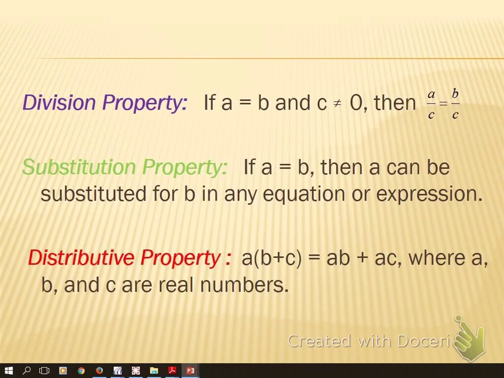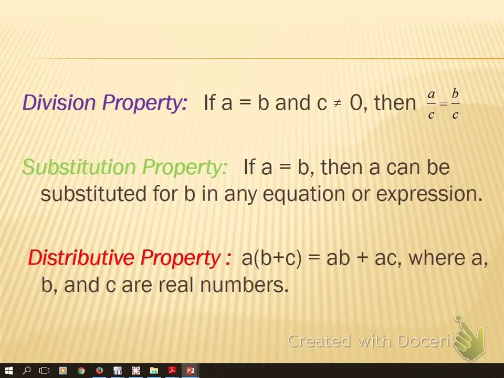Makes sense. And there's the division property, which says that we can divide anything we want into both sides of an equation, except, of course, for 0. Can't divide by 0. Well, you also use the substitution property, which says that if A is equal to B, then A can be substituted for B anywhere else. Or a better example is if X is equal to 4, then we could take 4 and substitute it in for X anywhere else we wanted to.